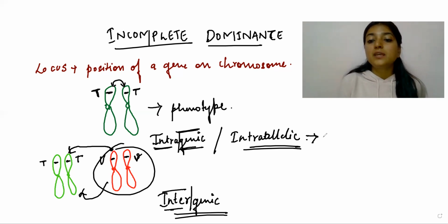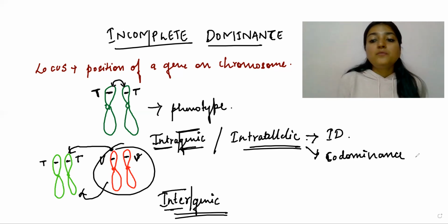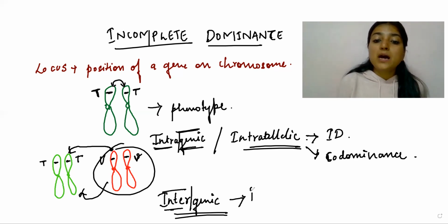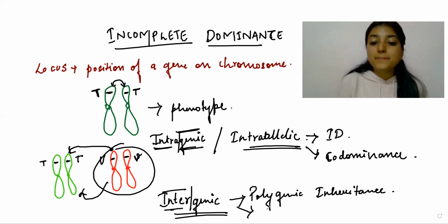In intragenic, we are going to study incomplete dominance and co-dominance. Whereas in intergenic, we are going to study polygenic inheritance and epistasis.